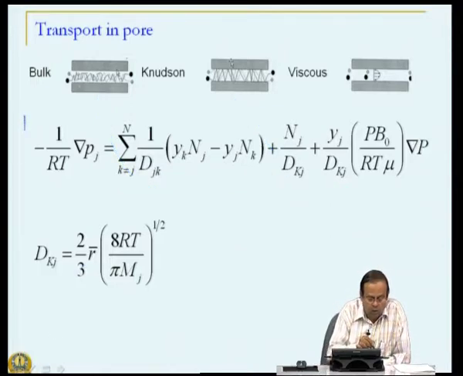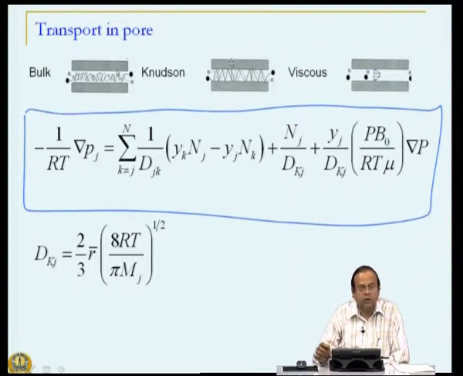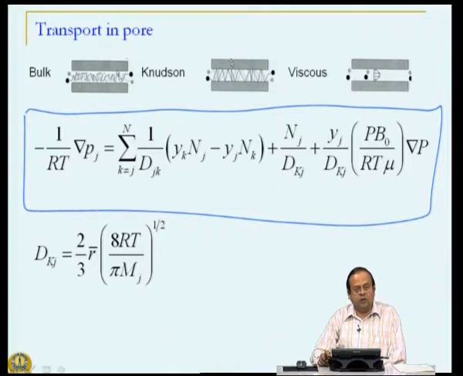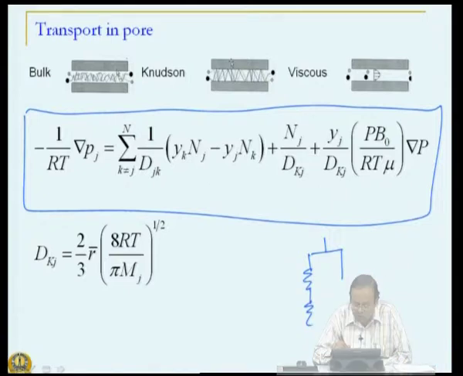What you see here as a model of entire diffusion is what is referred to as the Mason and Evans dusty gas model, which assumed Knudsen and bulk diffusion in series. So, the actual model used is an analogy with the electrical circuit.